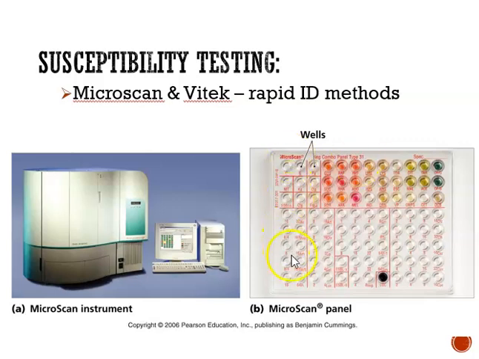So we inoculate all of these wells with a mixture of the organism, and then the instrument reads these color reactions to get an organism ID. All of these down here are the different dilutions of the antibiotics that the organism is being tested against, and that's how we determine the susceptibility.